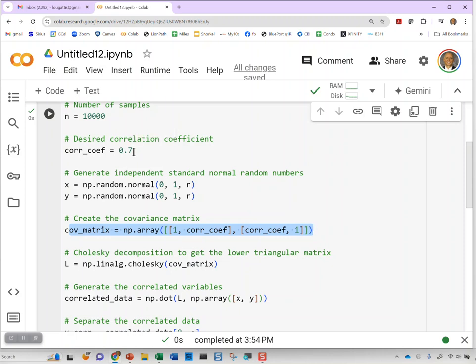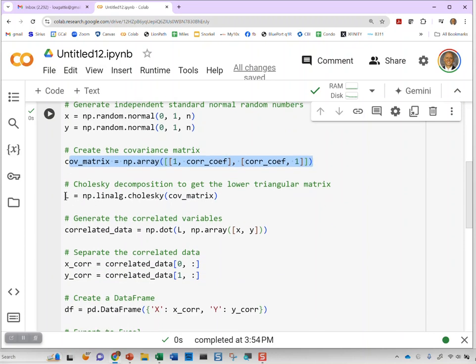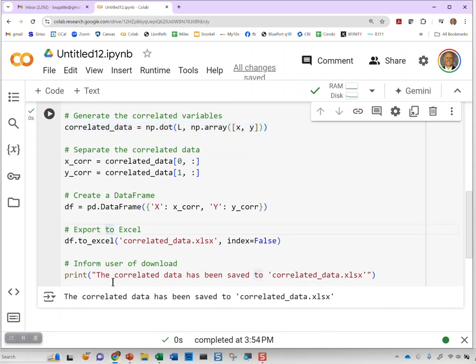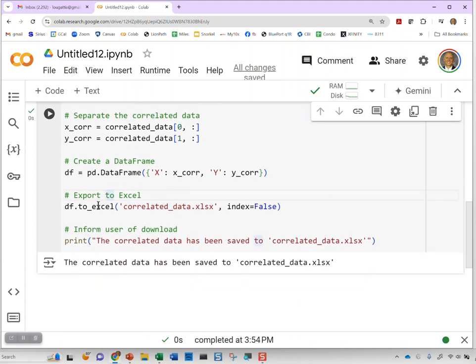Each number is correlated with itself perfectly and 0.7 with the other. And then it does this magic of the Cholesky decomposition. It manipulates that correlation matrix and modifies the data. And then the last step is code to send an array of data to Excel.